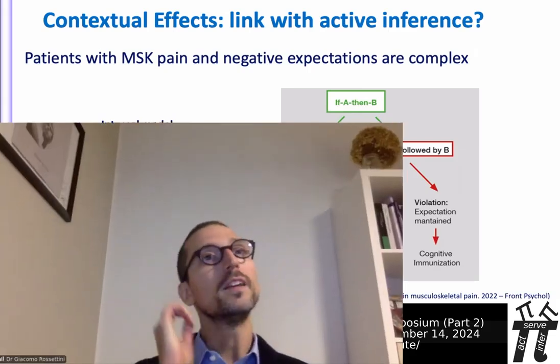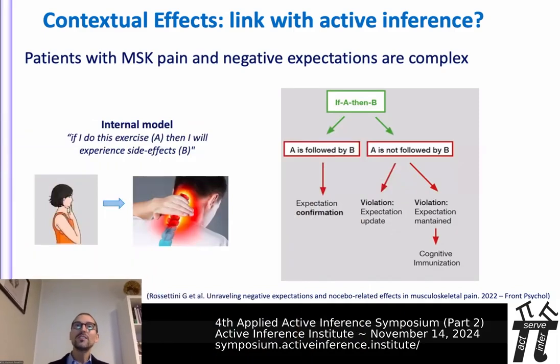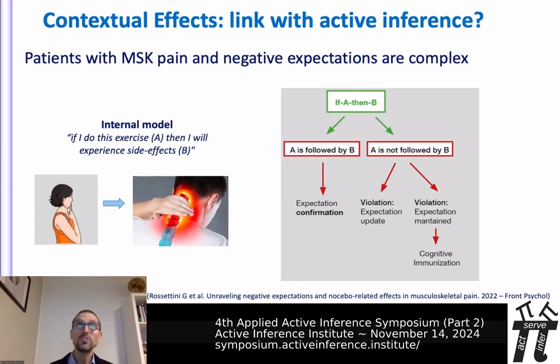We need to think about the management of patients with persistent musculoskeletal pain who have negative expectations based on their previous experiences, psychological characteristics, or personality traits. For example, consider a patient with neck pain who in the past has been exposed to exercises and learned that these exercises produced pain, consolidating a negative internal model towards this.